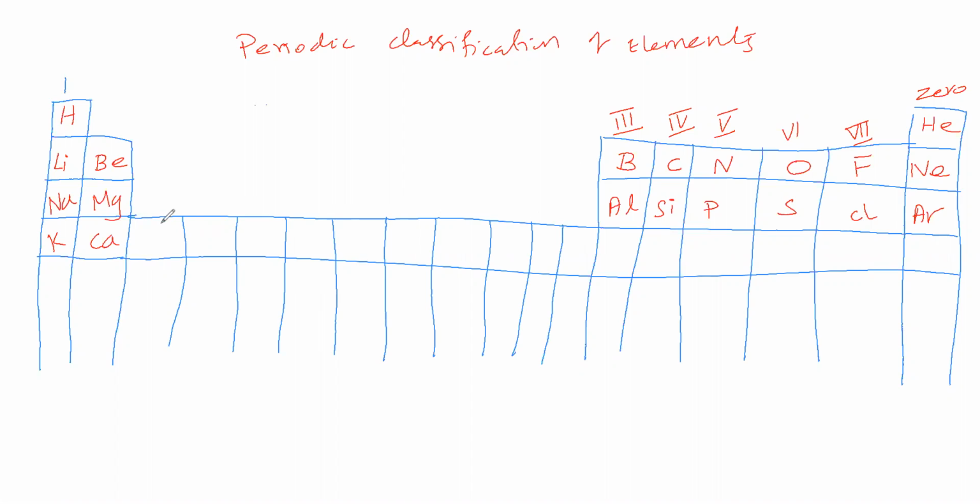After calcium, atomic number 21 scandium, 22 titanium, 23 vanadium, 24 chromium, 25 manganese, 26 iron, 27 cobalt, 28 nickel, 29 copper, 30 zinc, 31 gallium, 32 germanium, 33 arsenic, 34 selenium, 35 bromine, 36 krypton. Like these, elements are arranged.